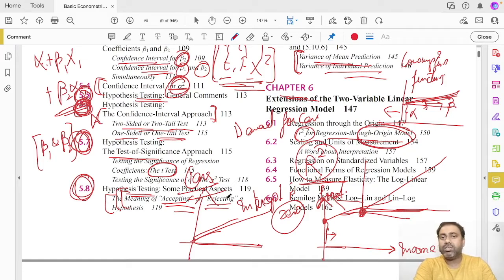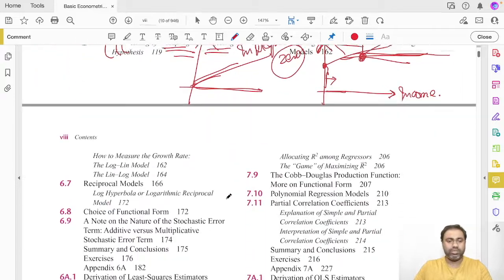In case of luxury, the maximum chances are that the regression will be through origin. Why? Because in the case of zero income, you will not consume any amount of a luxury item, but in case of necessity, we are still going to consume. So this is the basic difference.